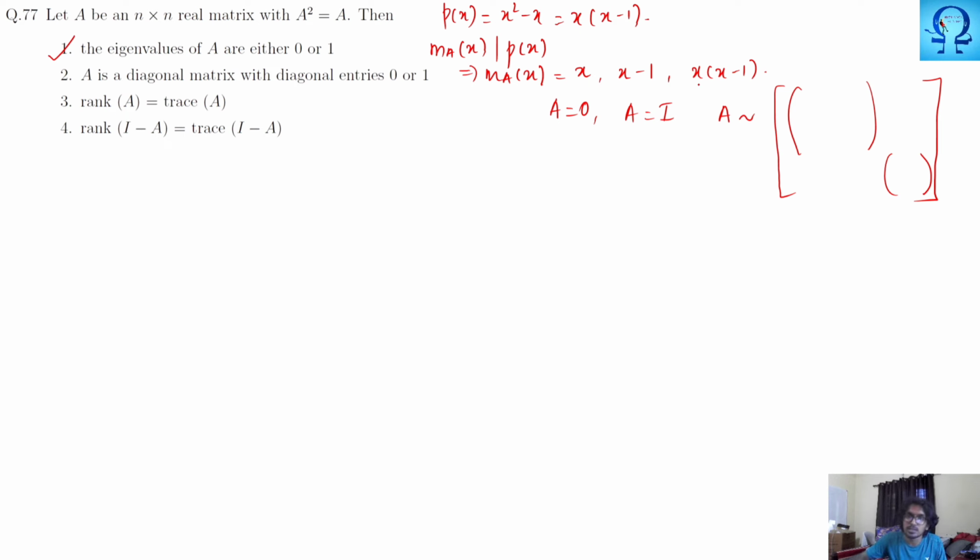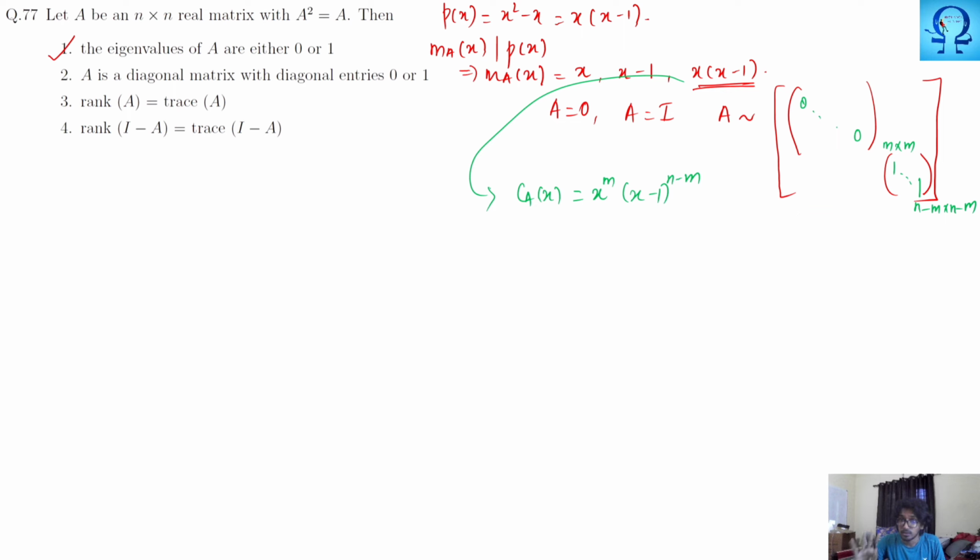If this is the minimal polynomial, then my characteristic polynomial will take the form x power m and x minus 1 power n minus m. So I will have an m by m and an n minus m by n minus m block, which will have 0 in the diagonal entries and 1 in the diagonal entries.